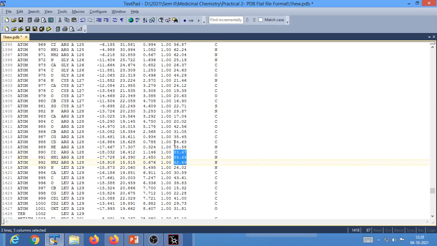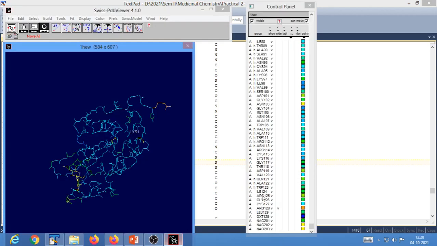Do you see? All of the atoms from the side chain have B factors above 50. The highest B factor is for this nitrogen atom from the guanidino group, 85, 83, right? And hence they are colored in the shade of red.